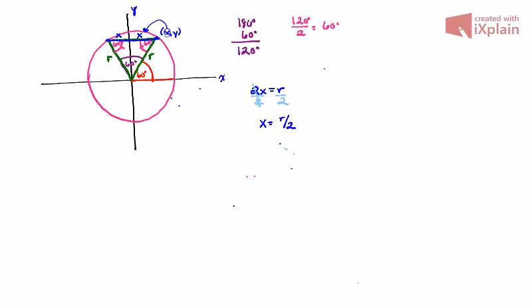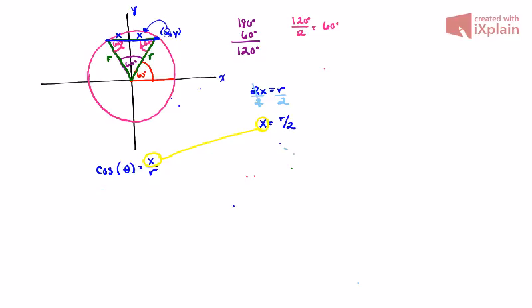So I can push this a little bit further. Let's look at cosine, because we know that cosine of theta is equal to x divided by r. I'm going to make a connection here. I've defined x to be r over 2. Well, there's nothing to say that I can't substitute in.